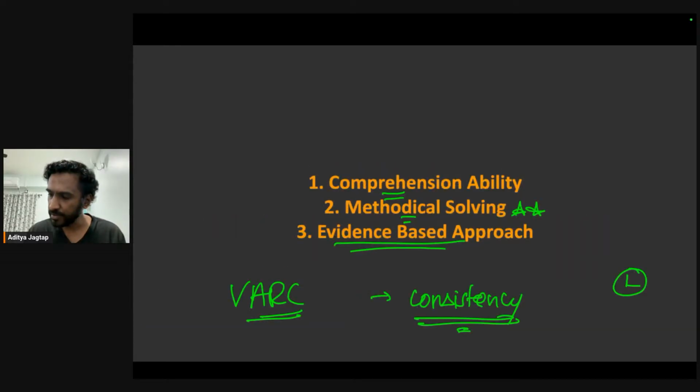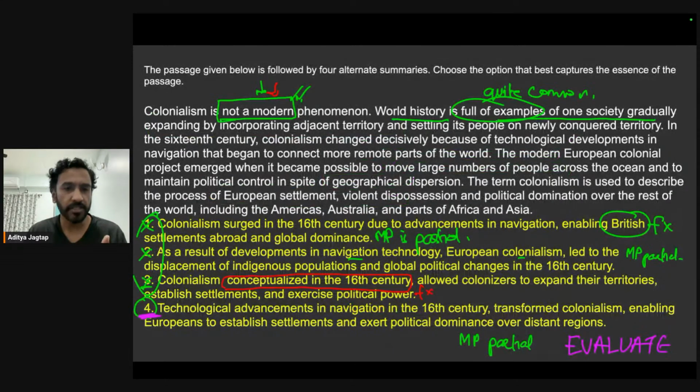For each decision we made here, I used a specific word or phrase that helped me with the decision. British here is not the same as European settlement mentioned here. These are two different things. So it's a factual inaccuracy. Saying as a result of developments in navigation technology, European colonialism led to displacement of indigenous people.